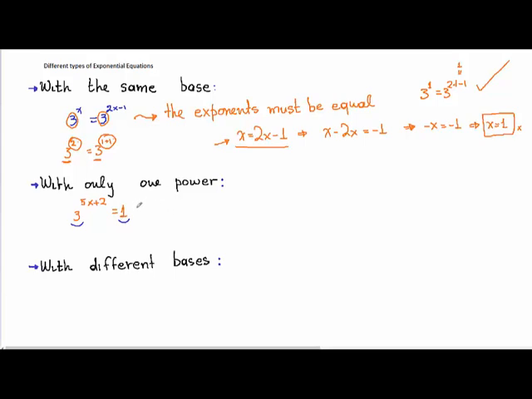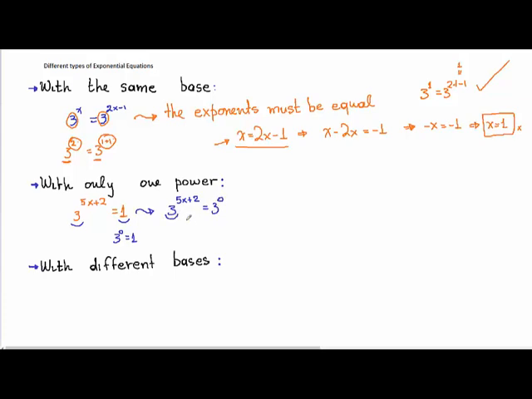The way that you should work this problem is by finding a way to express 1 right here as a power of 3. Well, we should remember that any number raised to 0 is equal to 1. So instead of having 1 here, I am able to write it as 3 to the 0, so 3 to the 5x plus 2 equals 3 to the 0.